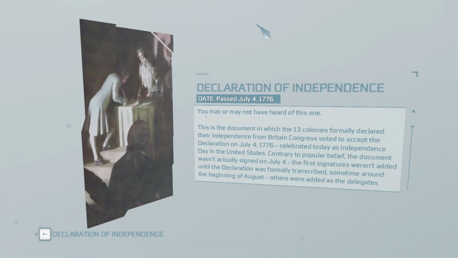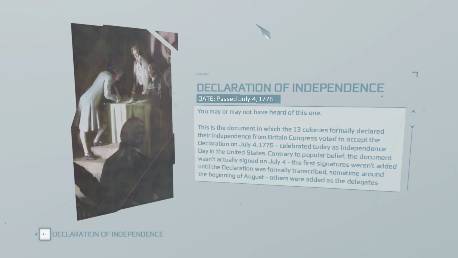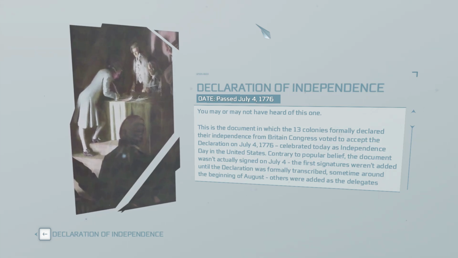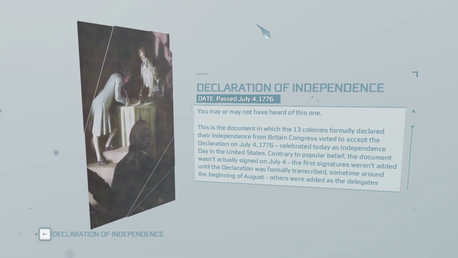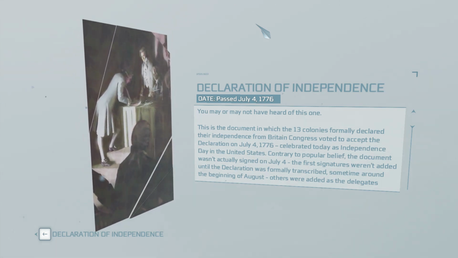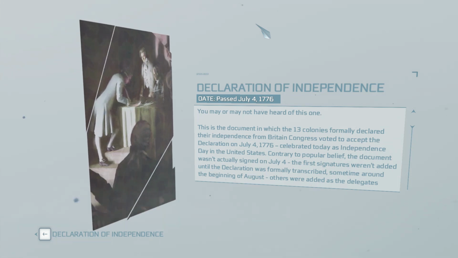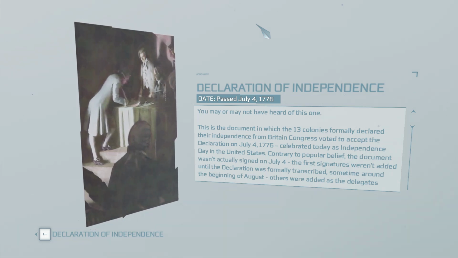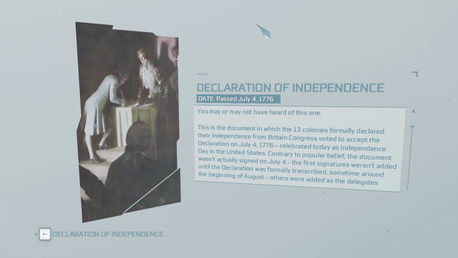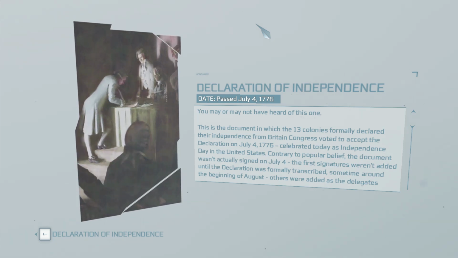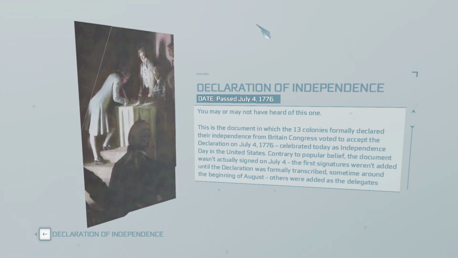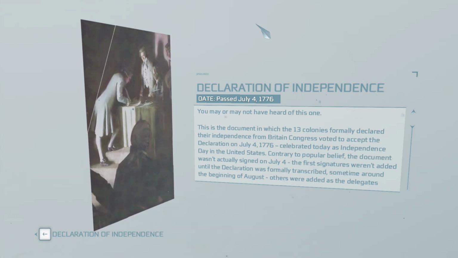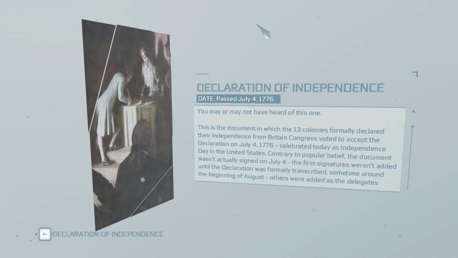Date passed July 4th, 1776. You may have, or may not have heard of this one. This is the document in which the 13 colonies formally declared their independence from Britain. Congress voted to accept the Declaration on July 4th, 1776, celebrated today as Independence Day in the United States.